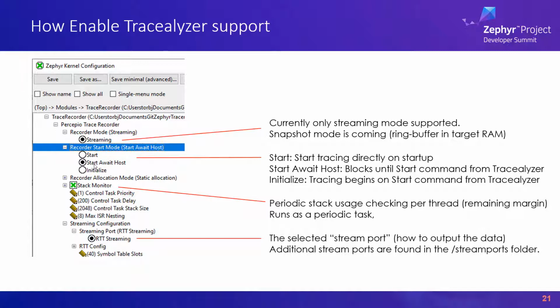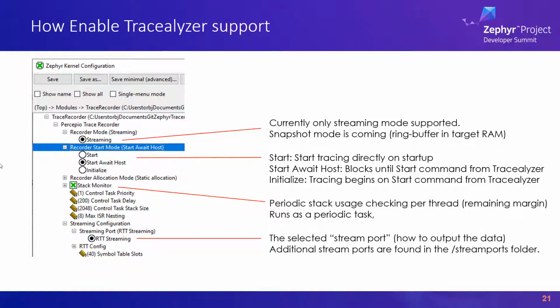You can do that with the regular start mode as well, but then you have to make sure that Tracealizer is ready to receive right away. Initialize means that the tracing won't be started right away, but only when you push the start command in Tracealizer, but there won't be any blocking or anything like that. The system will run as normal.